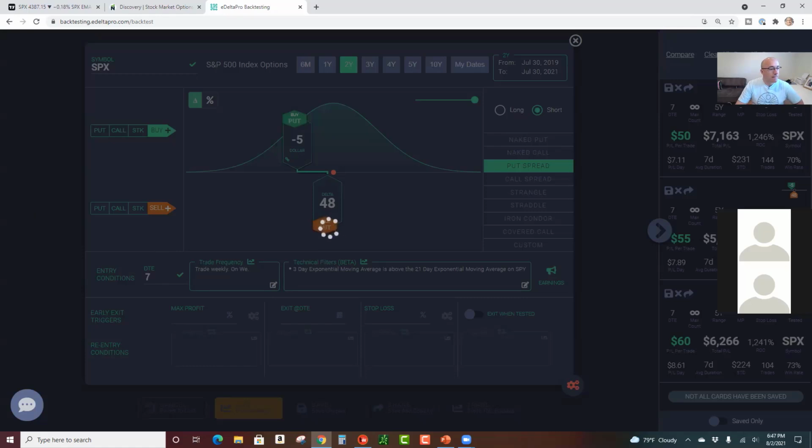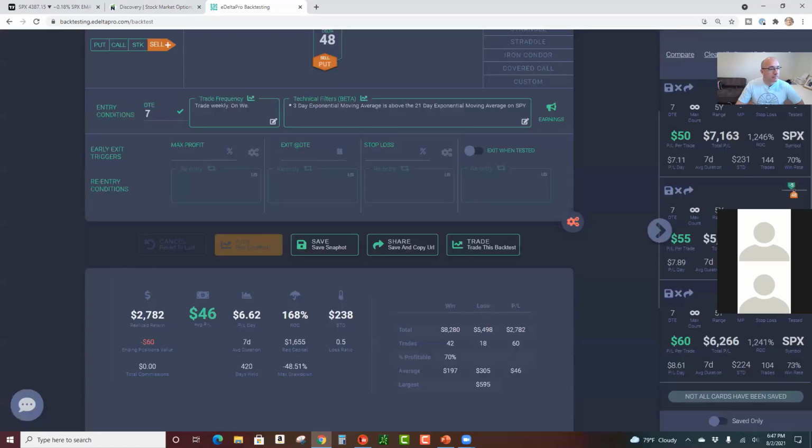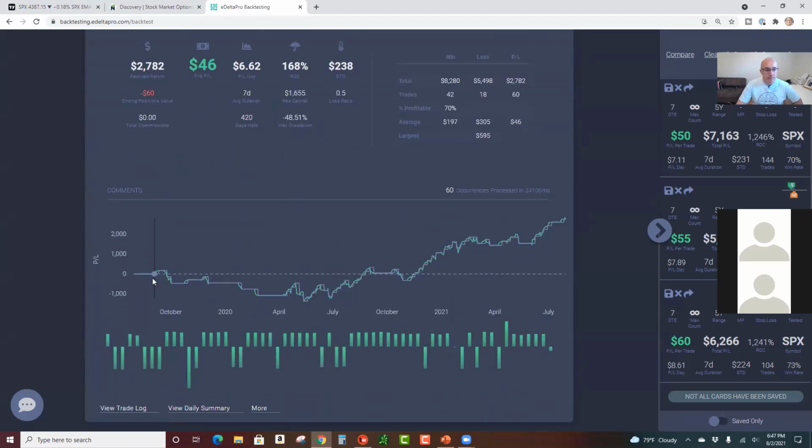This is a 2-year test, with the bulk of the trades in the bull run. Over the last 2 years, this is how it did. You can see this was the COVID crash, and then it recovered. These flat lines are typically when the moving average condition isn't present.